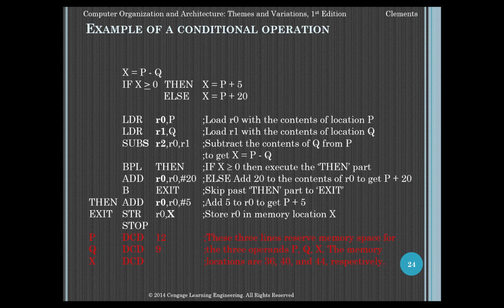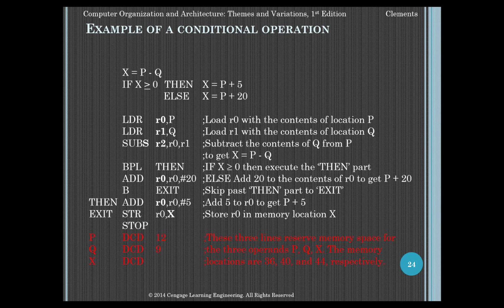But if it's not, then we're just going to come down here to the add part. So this was our else, and you notice it's kind of written the opposite direction. We're saying if this is true, then do this. But if it's false in our else, we'll just continue. So if it's false, then we're going to add 20. So taking R0, adding a literal 20, putting that into 0, and then making sure that we skip past the then by using a branch to the exit, because otherwise we would fall right into this step and we would do this step.